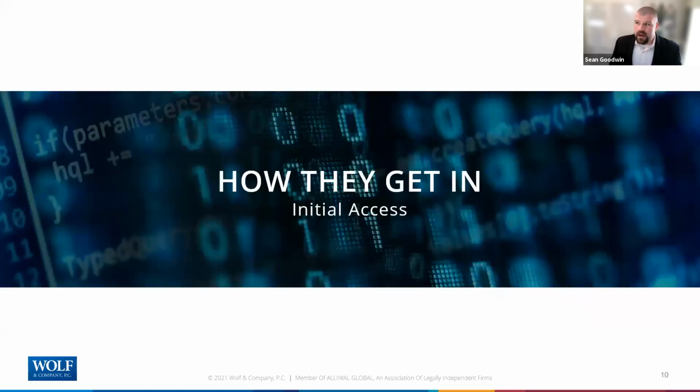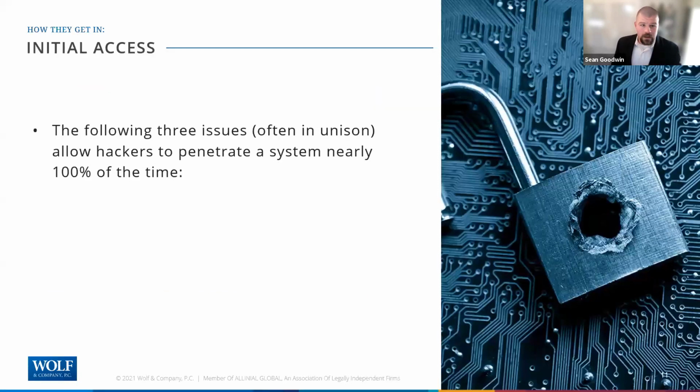So with that, how do they actually get access to your environment? So with this, there really are 3 different issues that we've seen as the most common way of getting access, and they generally do work together. The first one, probably not a surprise to the folks on the call, is phishing emails still have a very high rate of success.